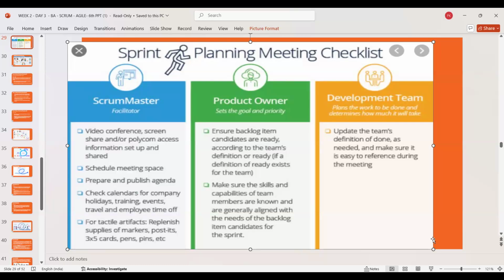It is the responsibility and confirmation required from the development team that any particular functionality, any particular part of the application which they are working on is completely developed, is done and dusted. That means it's developed, it's tested, it's okayed, and it's ready to be shipped to the customer.